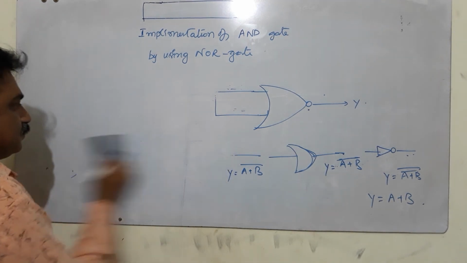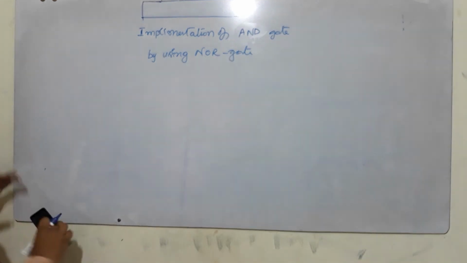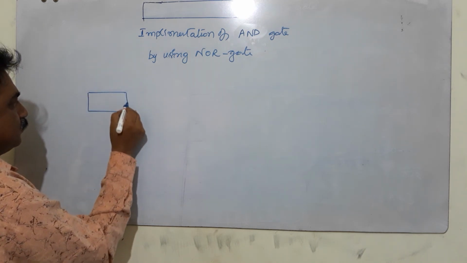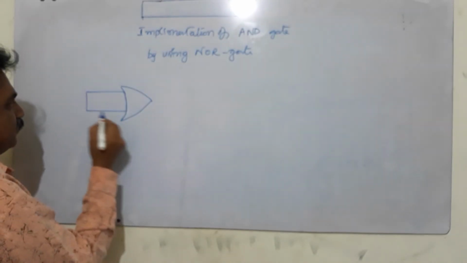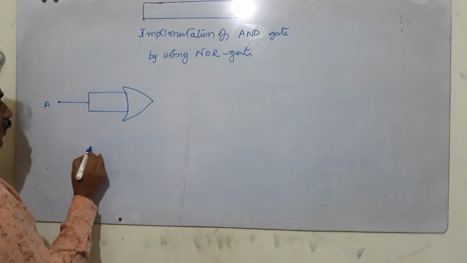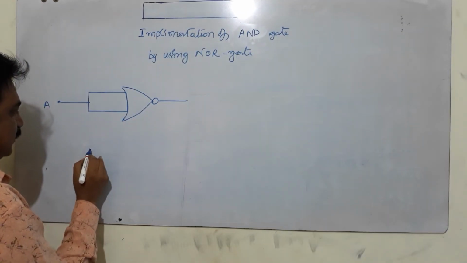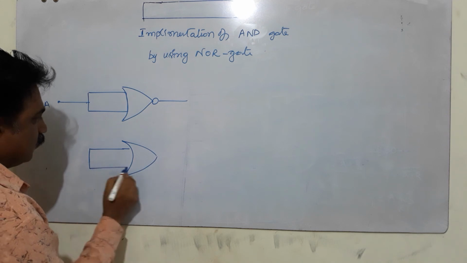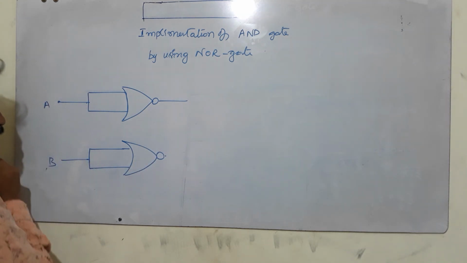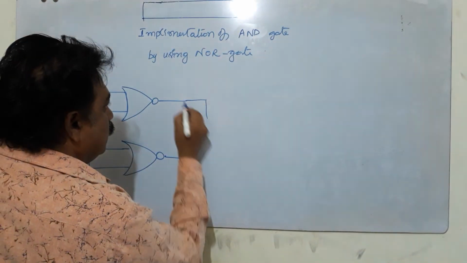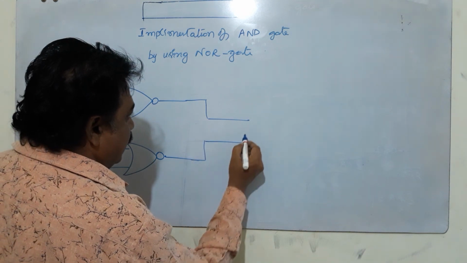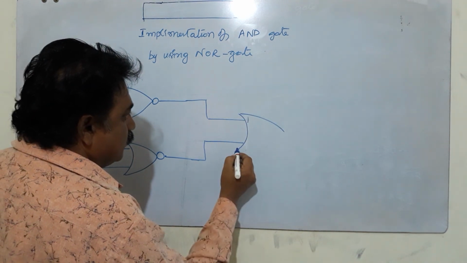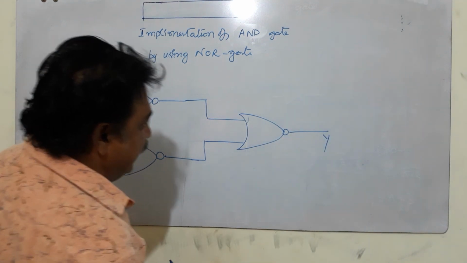See, this is one NOR gate with single input A. Here there is another NOT gate with single input, that is B. Now the two NOR gates are connected to another two inputs NOR gate which extracts Y.